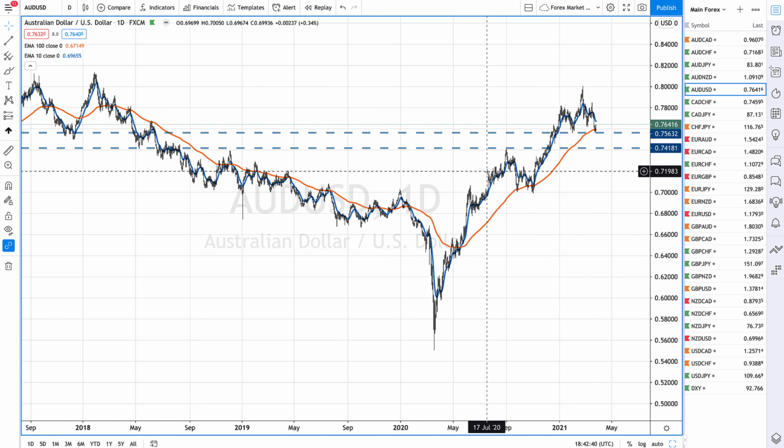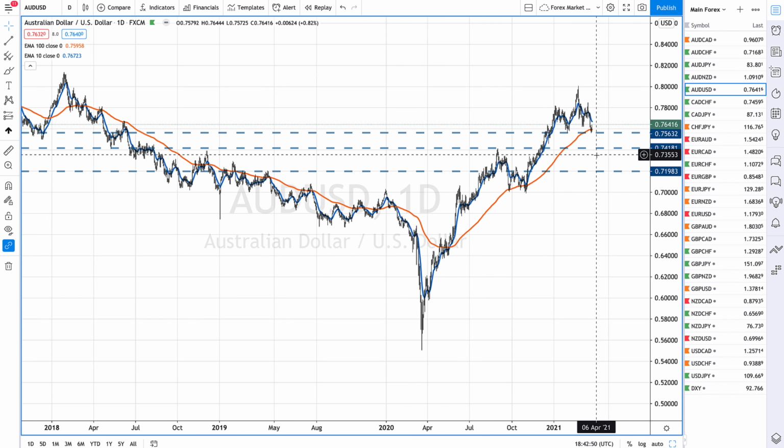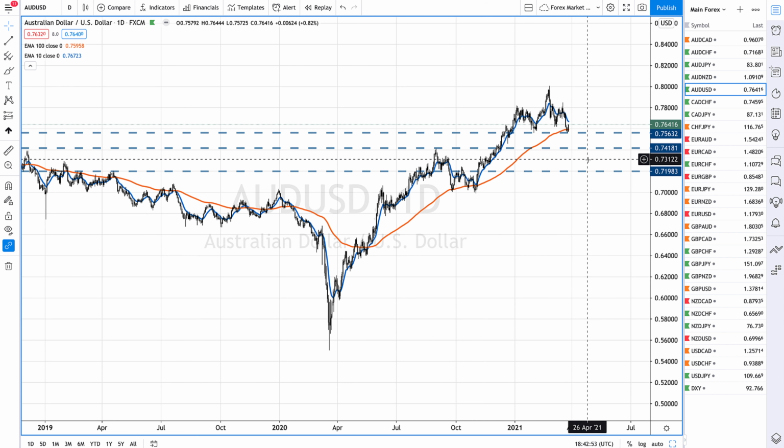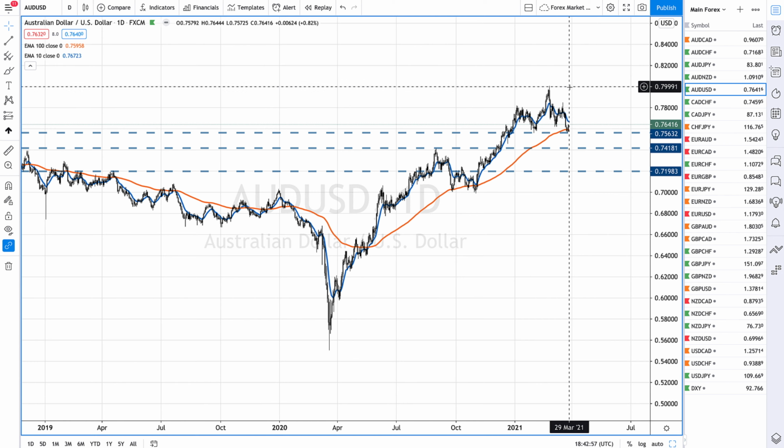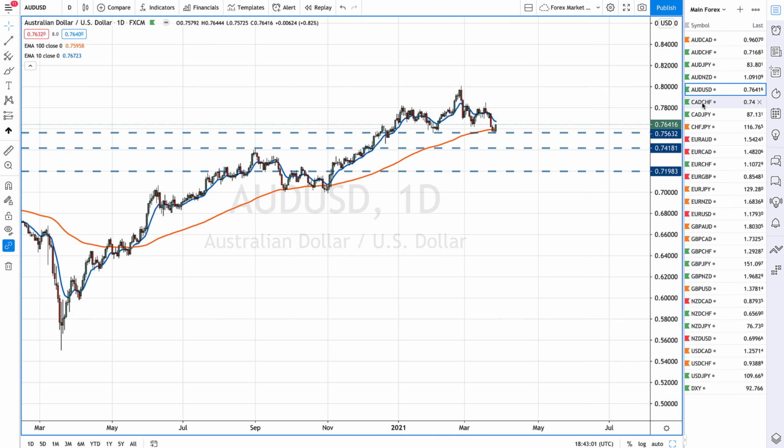And if it gets down below there, then the next stopping point is 0.7200, so 200 or so points below there. And if the market gets all the way down there, then maybe we might need to reconsider the fundamentals and the overall direction and the bias that we have with this pair.